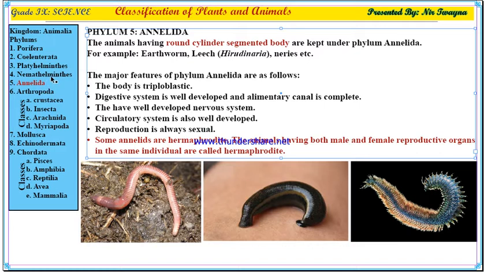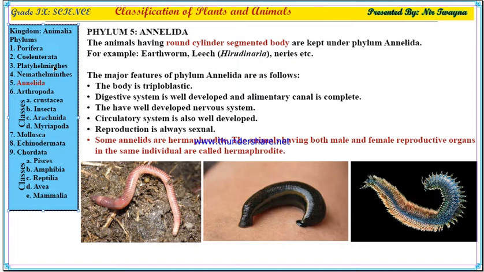See, up to Platyhelminthes, asexual reproduction was possible. But starting from Nemathelminthes, the body is organized at the level of organs. Their body becomes too complex.